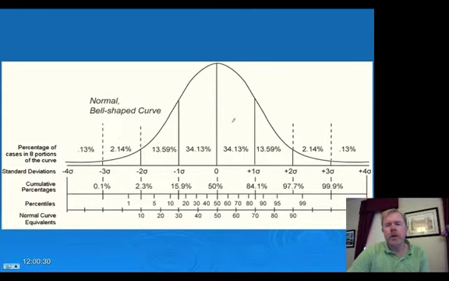And so we move from the 50th percentile to the 60th percentile very quickly because there's lots of people represented here. Okay? The height of this represents the number of people that are at this score level. So the number of people who are right on average is the greatest. And the number of people that are scoring extremely above the mean are very small. It's a very small number of people.